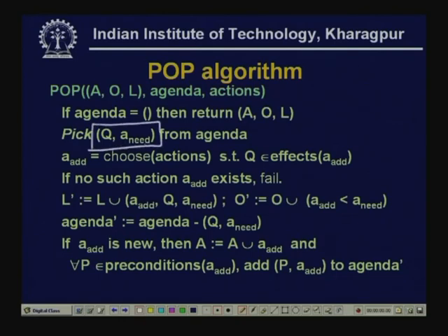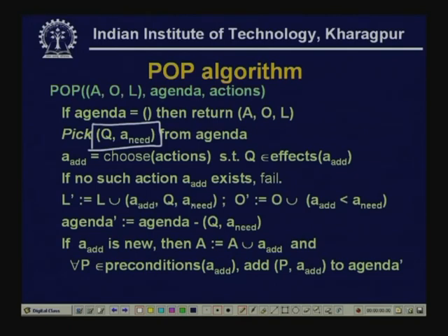Now, in order to satisfy this flaw, we must choose an action such that this action requires Q. So, we must pick an action which adds Q. So, A add is such an action. If no such A exists, then we return failure.